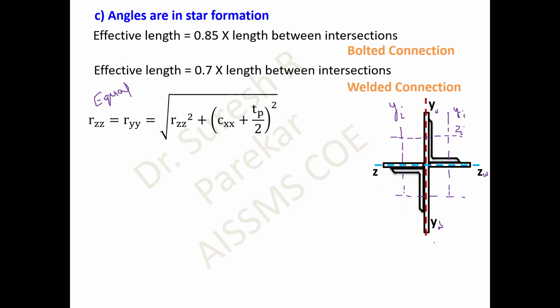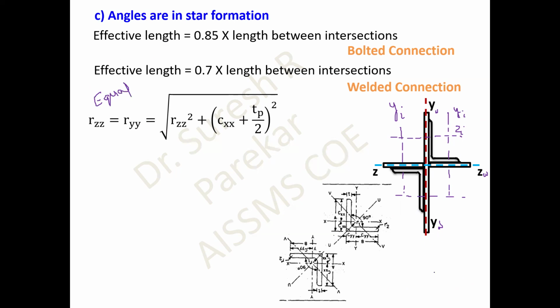Now again we have two more axes, you can see over here. We have the RUU axis. When we have star angles, we have to consider this third axis, which is RUU, and a fourth axis, RVV. We have to transfer this VV axis over here, and this is my value of H. This H value for RVV we are again going to consider as CXX plus thickness of gusset plate by 2, whole square.